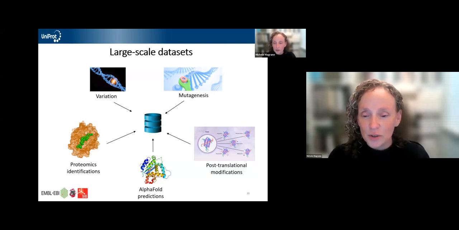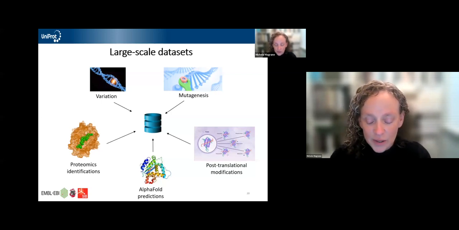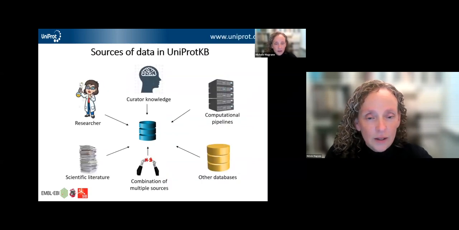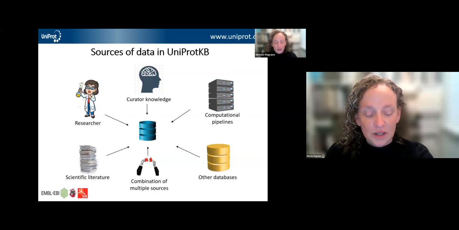The same is true for mutagenesis, which is collected both from the literature and also imported from other resources. And we also have proteomics identifications from publicly available mass spec databases, and also post-translational modifications and AlphaFold predictions.